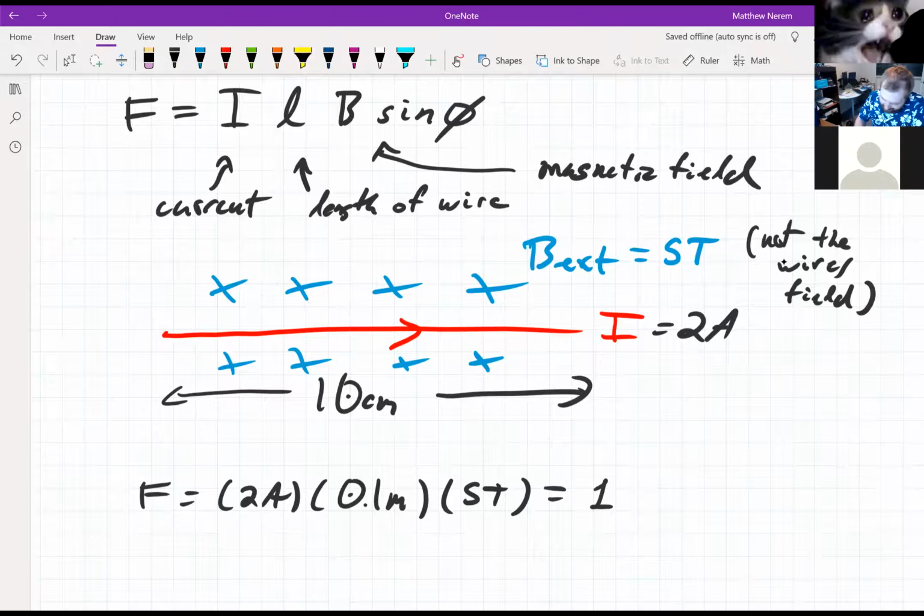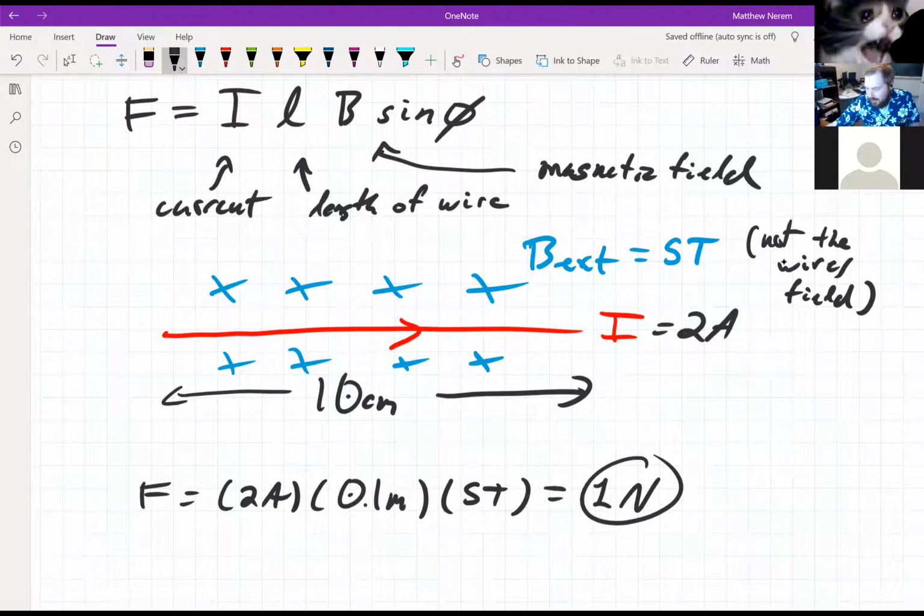I promise I did not stage this, but I did pick the numbers to work out to be exactly 1 Newton. Double check myself, make sure I'm not going crazy.